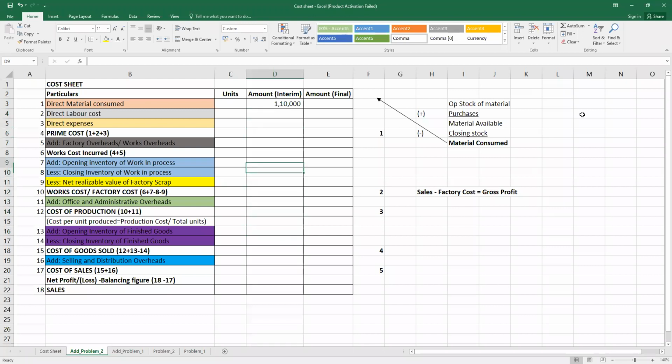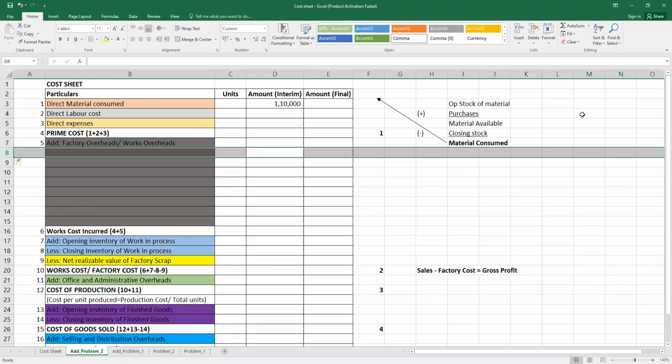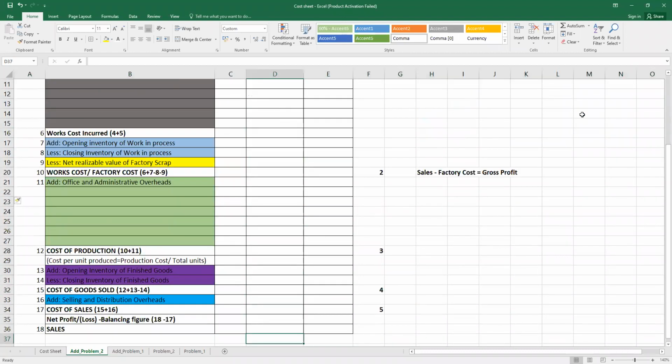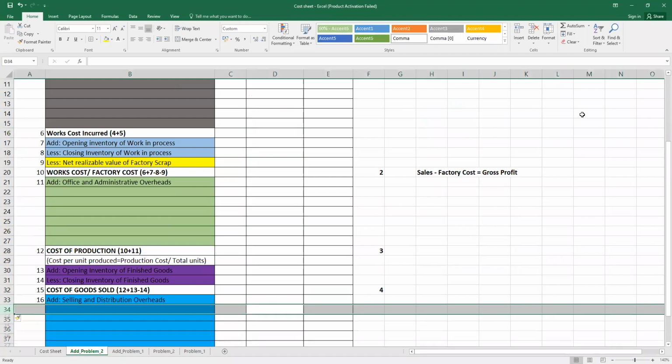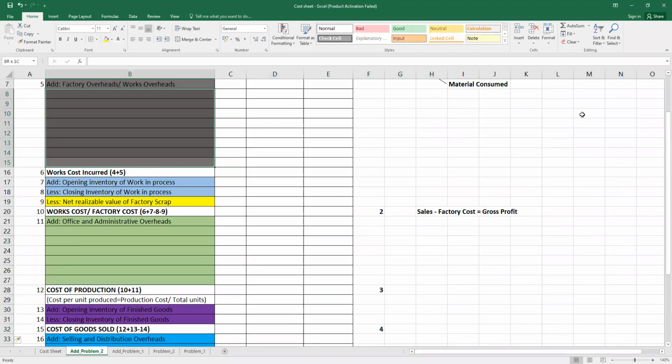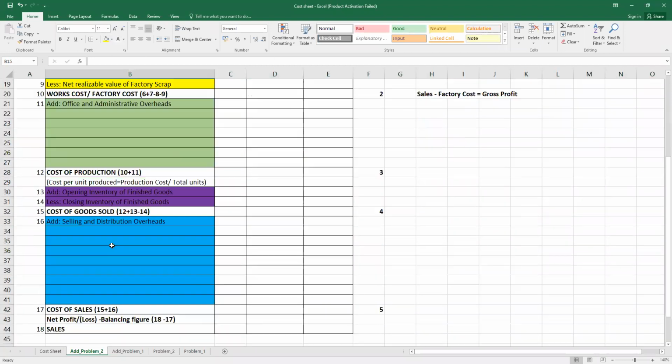Okay, first let me add few lines. Okay, material used in primary packing amounting to 20,000. So packing material इंटरिम कॉलम में लिख देंगे 20,000.